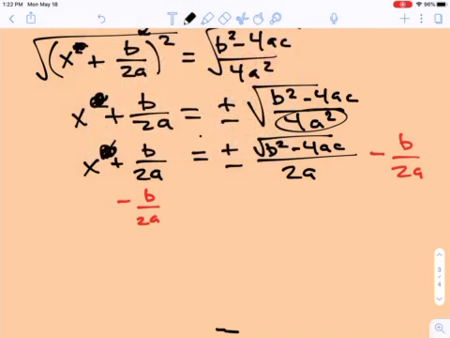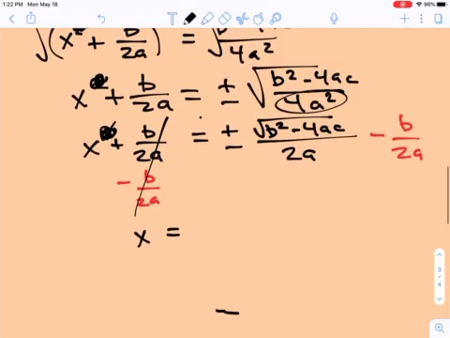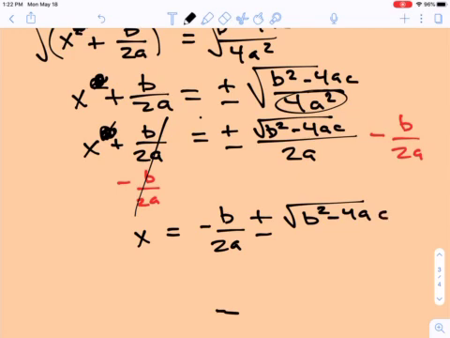All right, when I do that, these cancel out, so you get x is equal to, and then I'm going to take this whole thing right here, and I'm going to move it in front. And I'm going to go minus b over 2a, and then it's plus and minus, because we still got to deal with that. b squared minus 4ac over 2a, and then hopefully you're seeing what I saw when I did this, is that this cleans up kind of nicely because there's a built-in common denominator here.